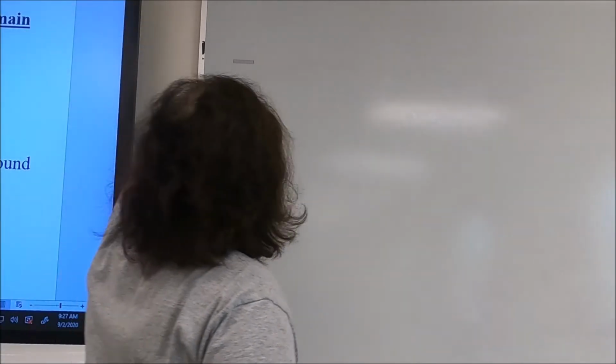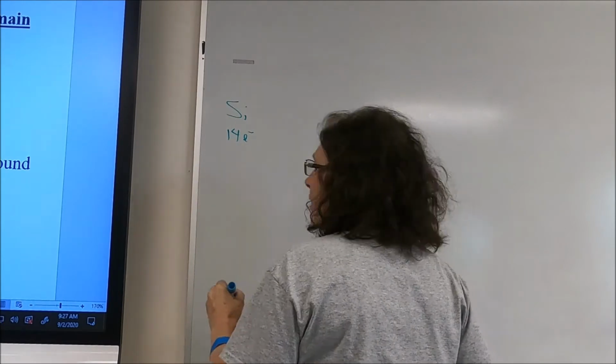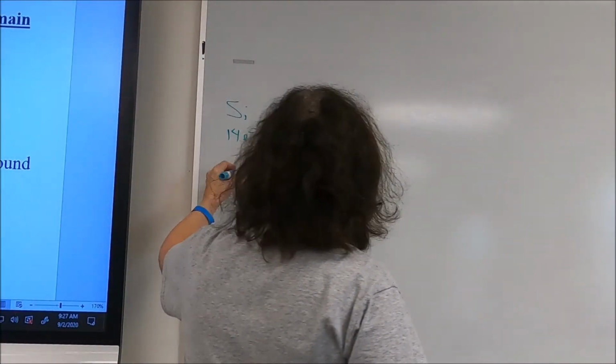Okay, so we're going to do condensed electron configurations, let's say, for silicon and arsenic and rubidium. So silicon has 14 electrons. Okay? And silicon is on the 3rd row. The row up above it is neon.